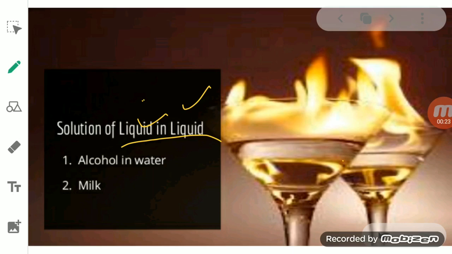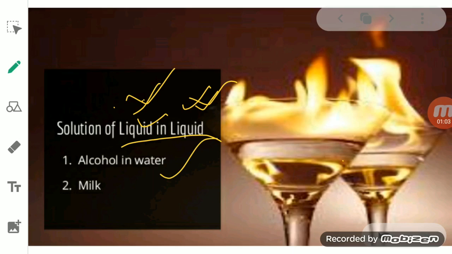So one liquid, which we are taking in a very small amount, we will consider as the solute, and that solute liquid we will add to another liquid which is greater in quantity, in which the first liquid is to be dissolved, that is the solvent. So one liquid solute getting dissolved in a liquid solvent is the solution of a liquid in a liquid.